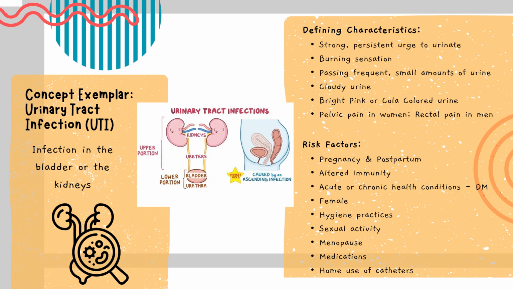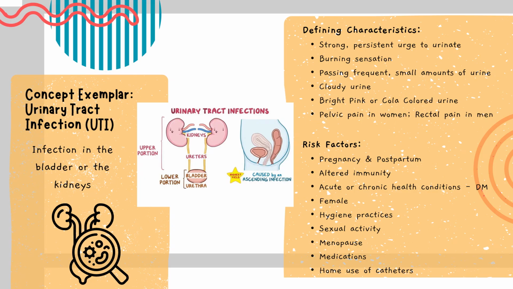So some signs and symptoms, they may have dysuria, which is painful urination, urinary frequency, urgency, the suprapubic discomfort. Their urine may be cloudy or foul smelling. Sometimes you may see hematuria, which is blood in the urine.